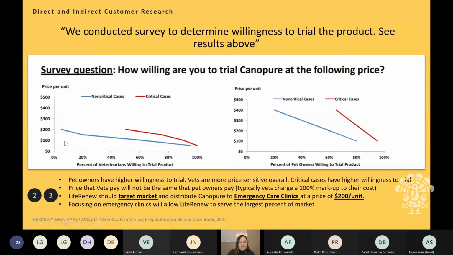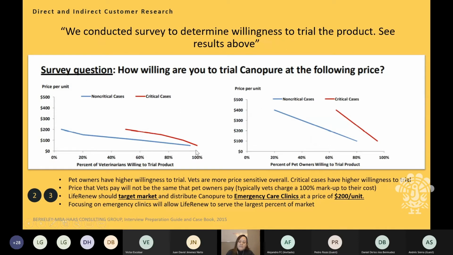Even less than 10% said that if it is $200, a veterinarian wouldn't buy this type of blood substitute. But if the price were to drop, a veterinarian will buy a product at a very similar price to the $50 that we saw in the research.